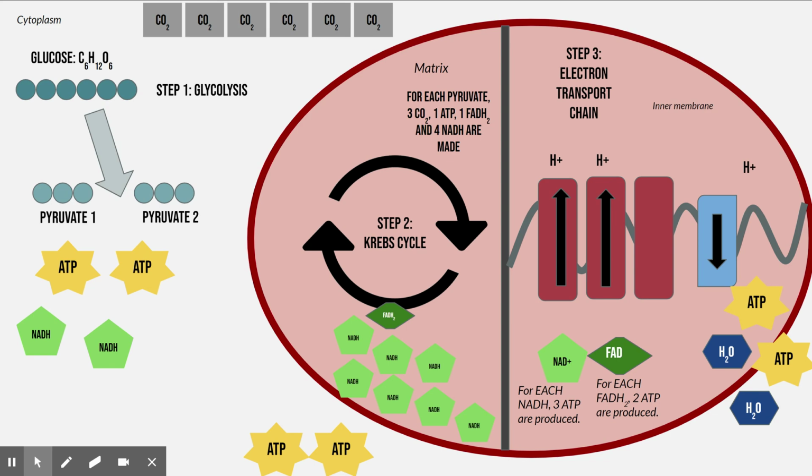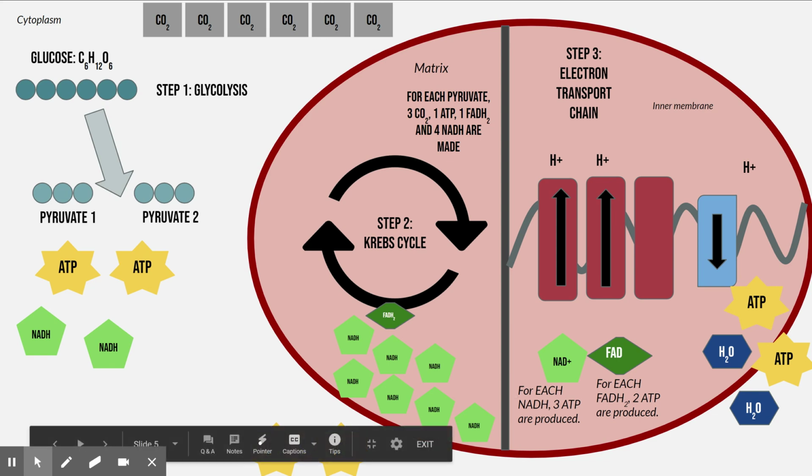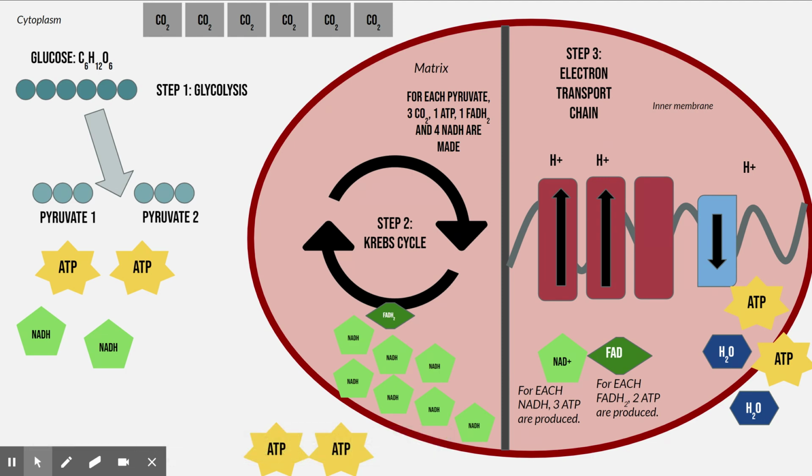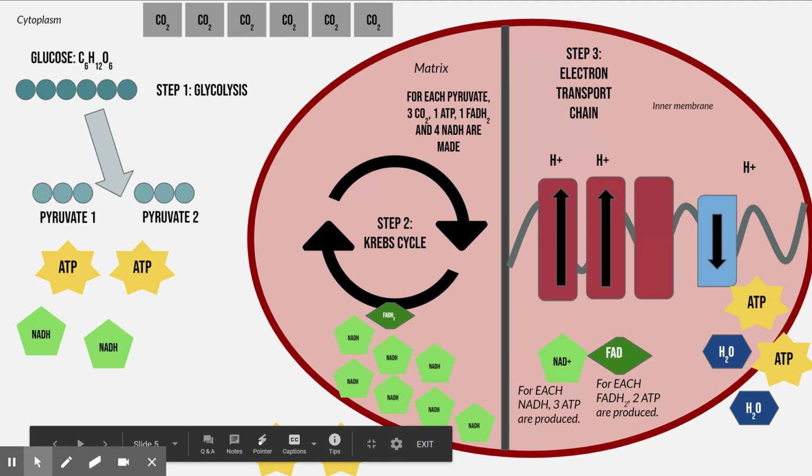That would mean that 4 total ATP come from FADH2. So this picture is just showing us each step. Here's what happens in glycolysis to the left, Krebs cycle in the middle, electron transport chain to the right. If we were to actually draw out each step, we would show each NADH making 3 ATP, each FADH2 making 2 ATP.